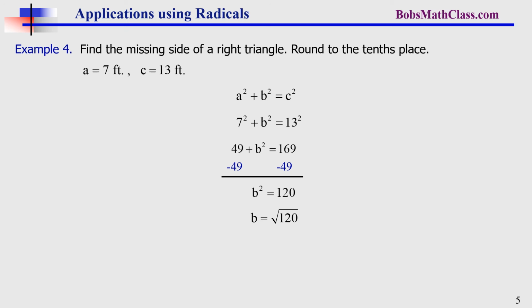You probably get 10.95. So we're going to round that to 11.0. The 5 adds 1 to the 9. 9 becomes a 10, so we got to carry that over. So 11.0.